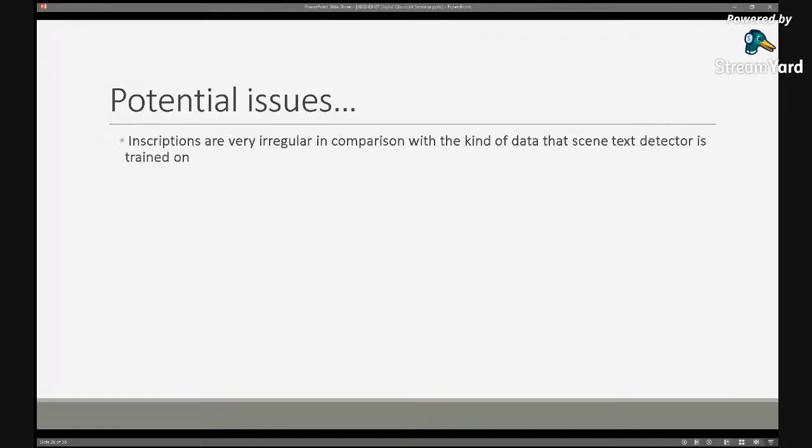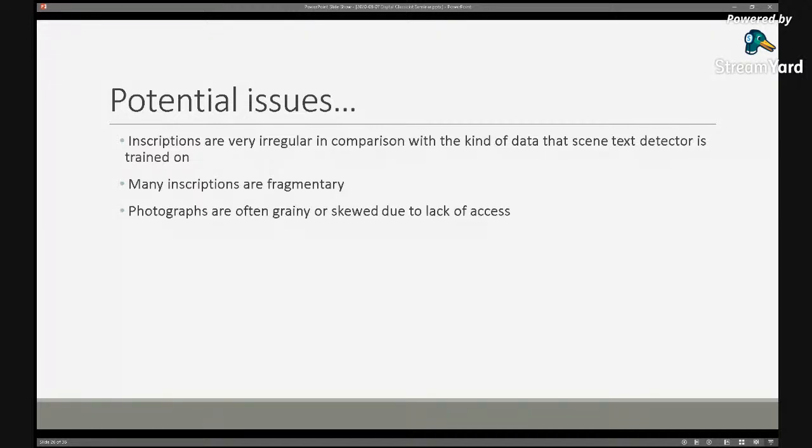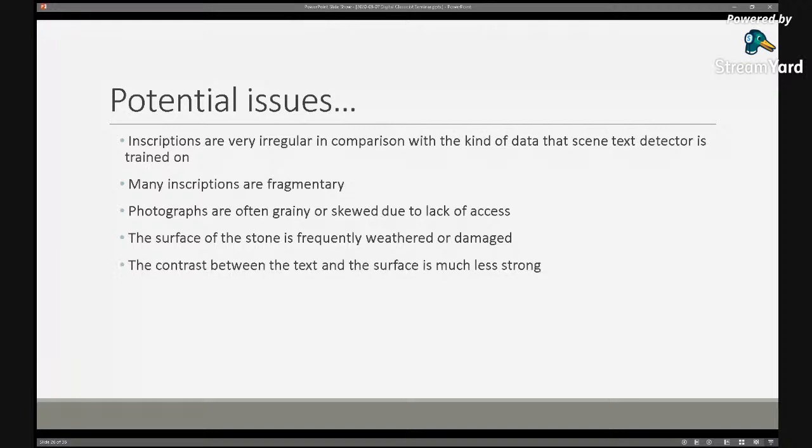Now, the problem here is that the kind of training data that EAST was trained on is nothing like the kind of data that we've got. Inscriptions are quite irregular. They can, as you've seen, be very fragmentary. Photographs can be quite skewed, for instance, where you're having to stand at the base of a monument and take a photograph of an inscription that's quite high up. We obviously have problems with weathering and damage to the stone.